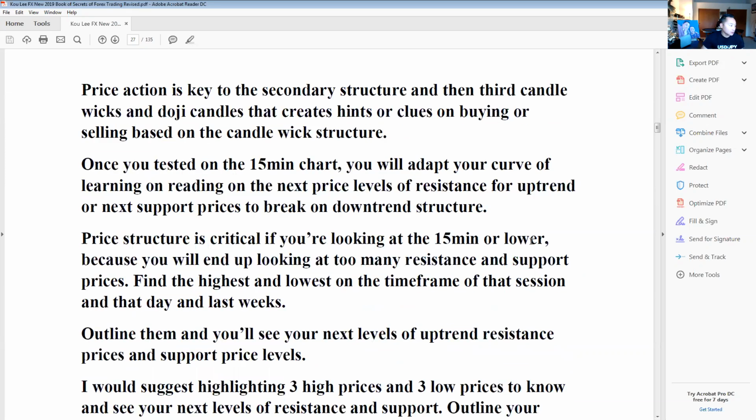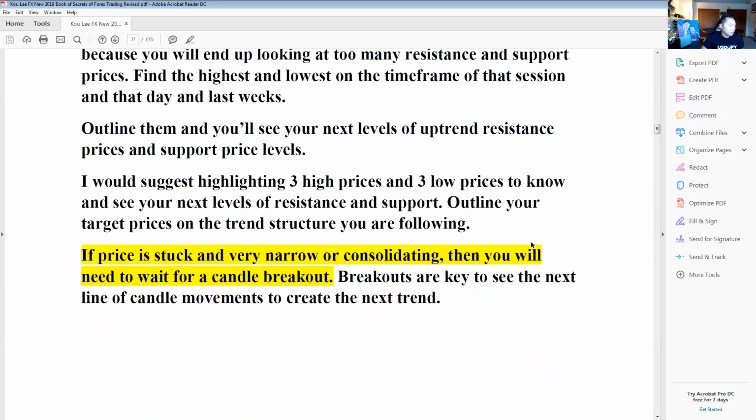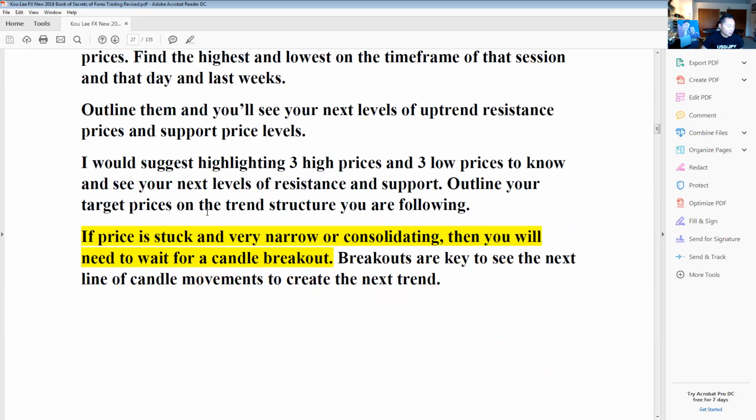Let me see what else I want to hop into in naked Forex. This is pretty important: if price is stuck very narrow or consolidating, then you will need to wait for a candle breakout. When prices are very narrow, you have to look for those breakouts.